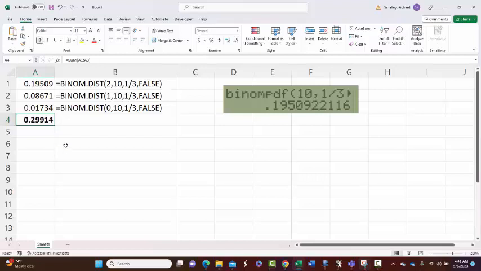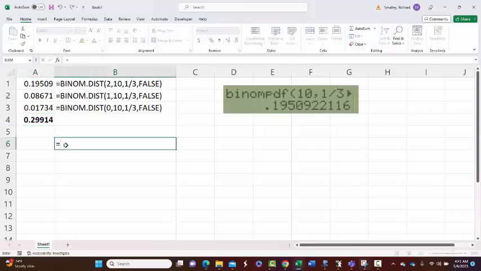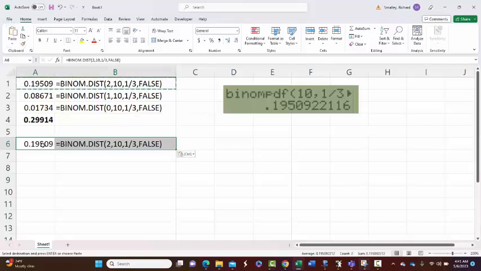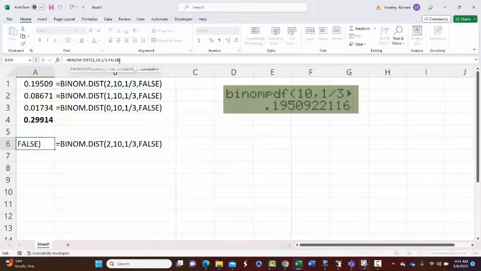Let's keep an eye on this. Then I'm going to come down here and show you. Actually, I can copy this, it'll be quicker. Copy both of these. I'm going to change this to true.